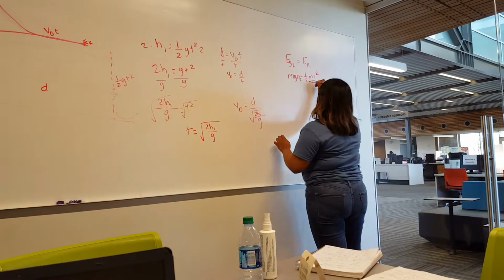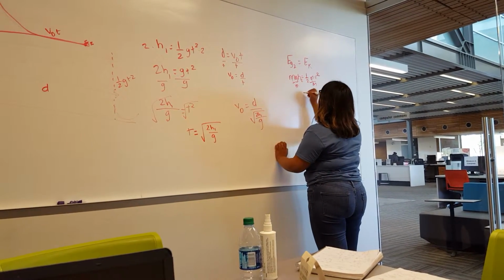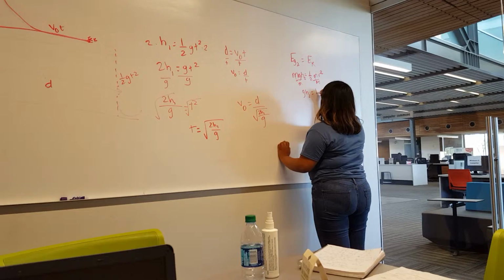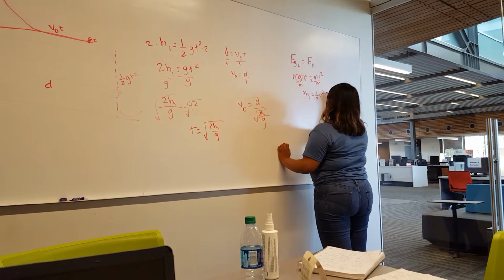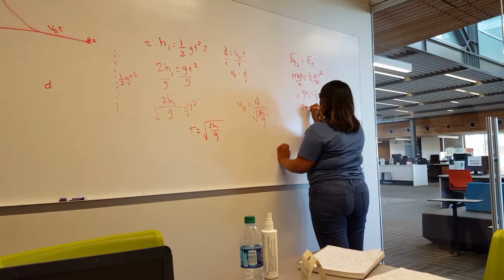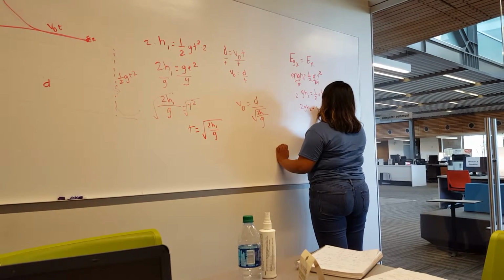Okay, so we're going to divide by this m to get rid of them. We have gh2 equals 1/2 v squared, multiplied by 2. 2gh2 equals v squared.